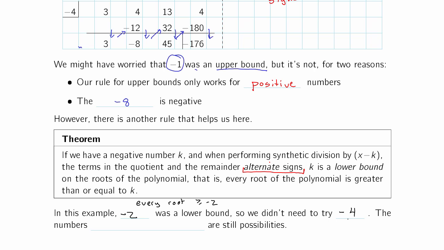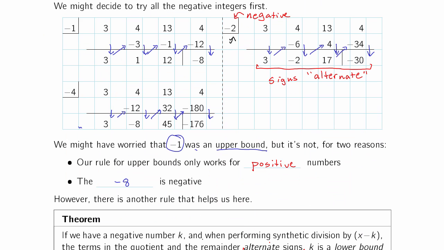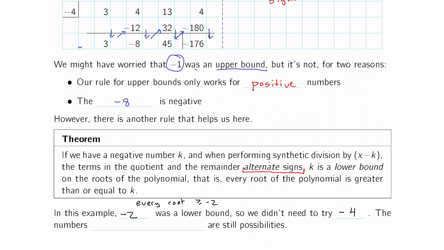What possibilities do we have left? Well, let's look at our fractions. It turns out all of these negative fractions are in fact greater than or equal to -2. So -1/3, -2/3, and -4/3 are still possibilities.